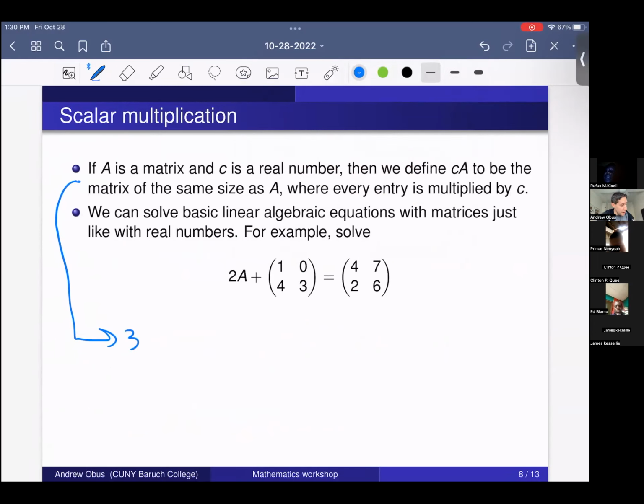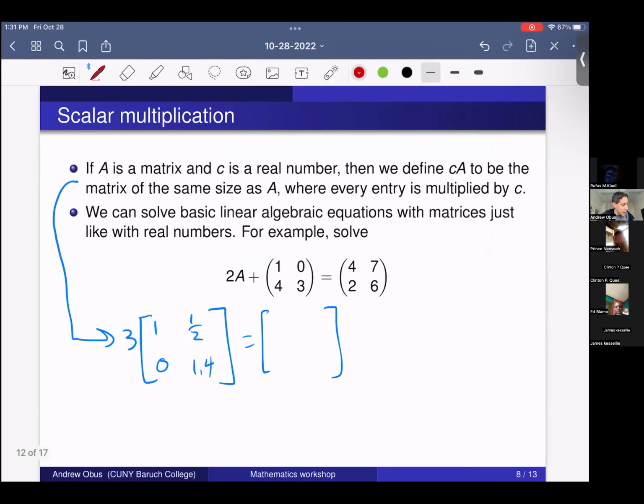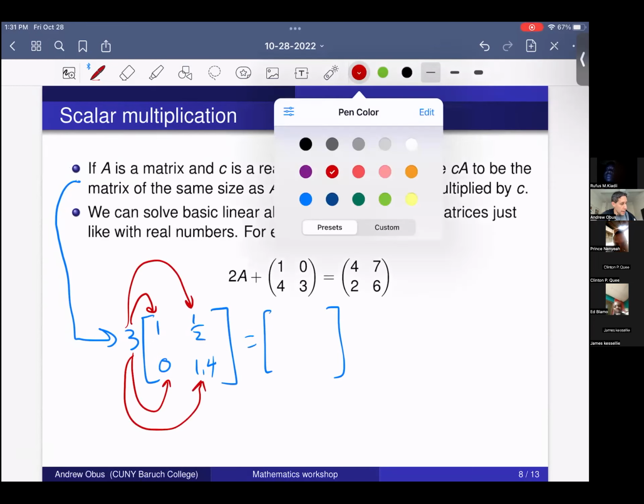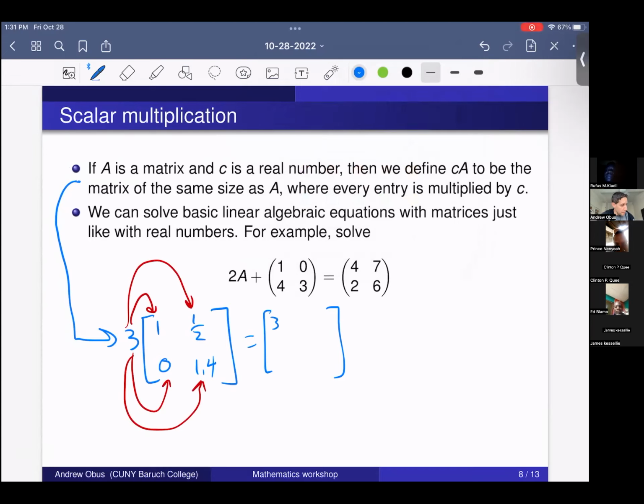If I take 3 times the matrix 1, 1/2, 0, and 1.4, I multiply each entry by the 3. Yes, that's correct.